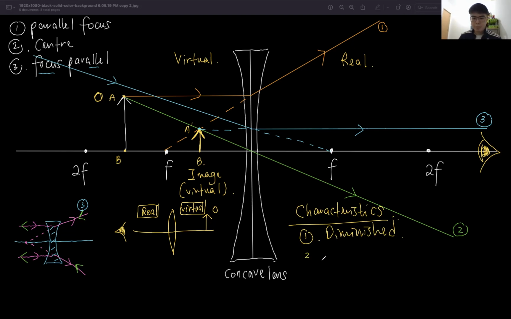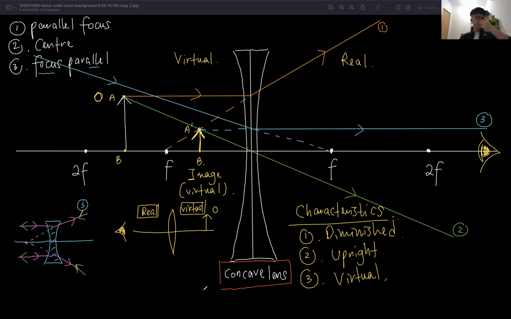Number 2, upright. And number 3, it is a virtual image. These are the characteristics formed by a concave lens.